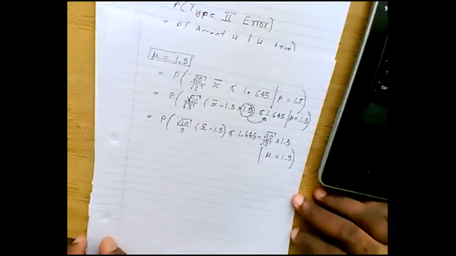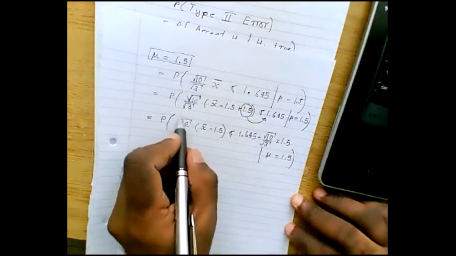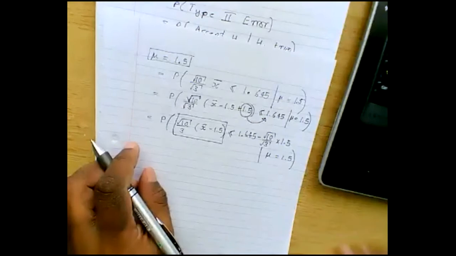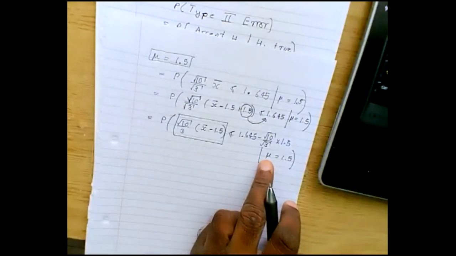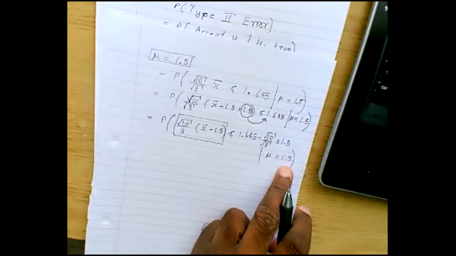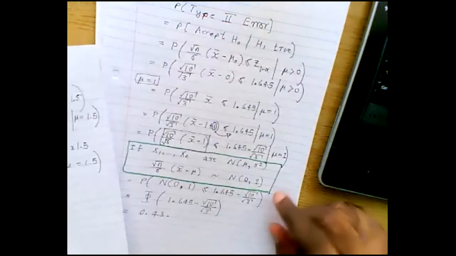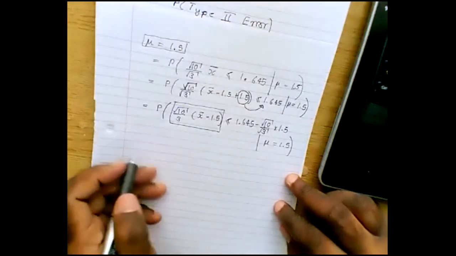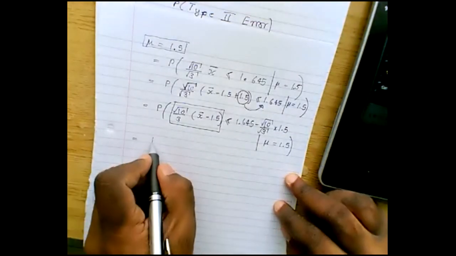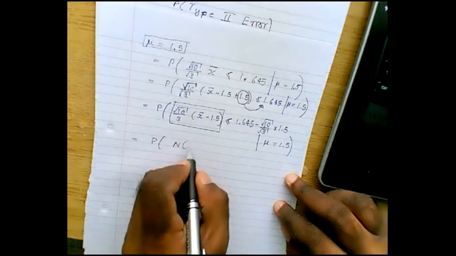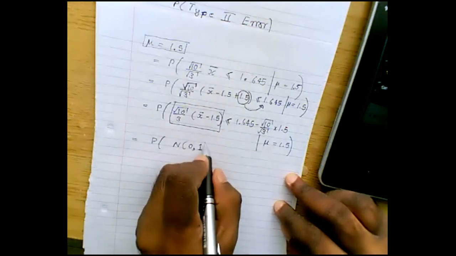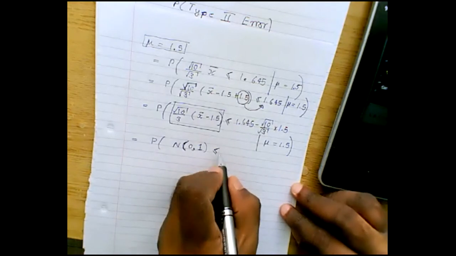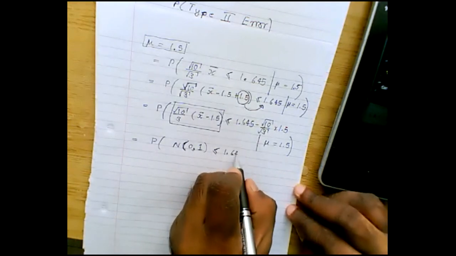Now I'm going to argue that this guy here should have the standard normal, because we are conditioning on the true population mean equal to 1.5. So it's the same argument I used over here. Using the same argument, this probability is equal to N(0,1) less than or equal to 1.645.